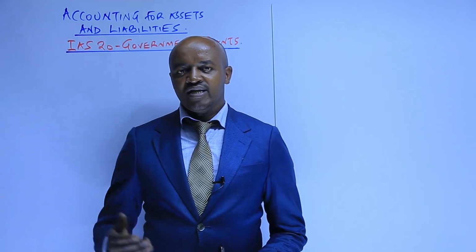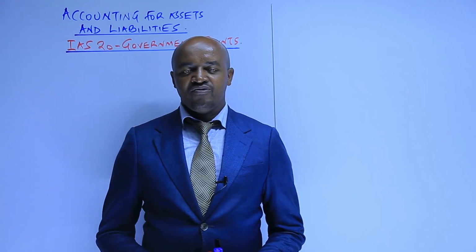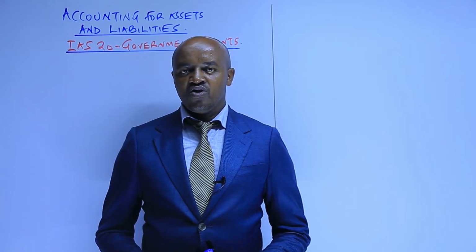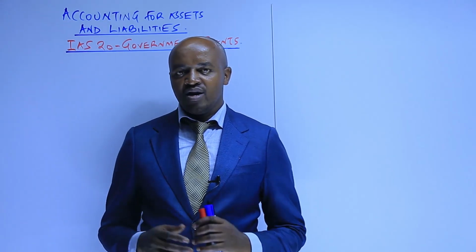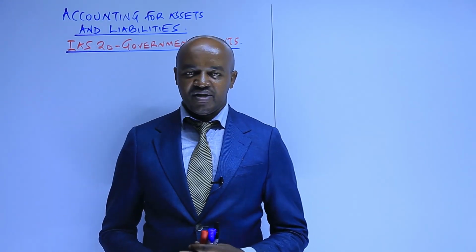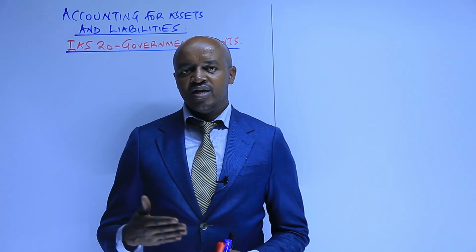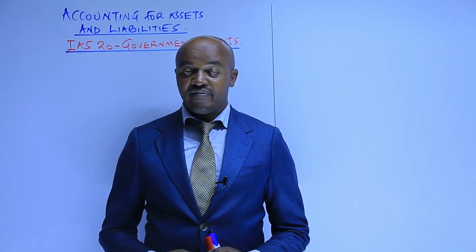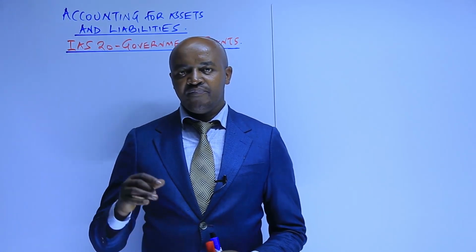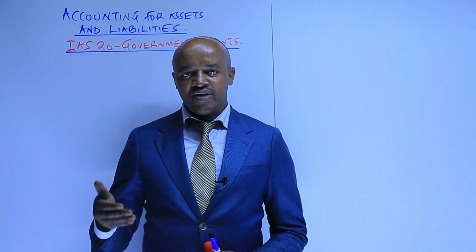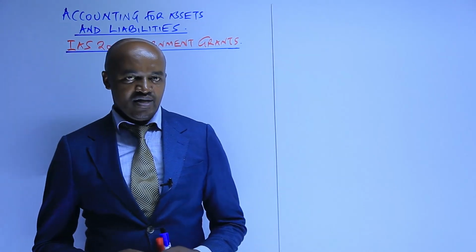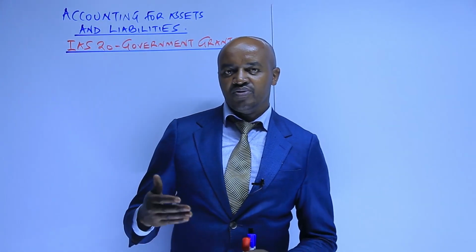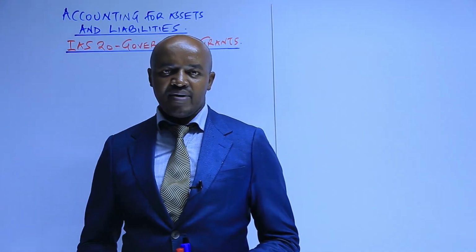What criteria must be met for a government grant to be recognized by an entity, and also the presentation of the same, how the government grant should be presented in the financial statement, in the income statement and the statement of financial position, and equally the disclosure requirements, which information needs to be disclosed by the company as far as the government grant is concerned, in accordance with International Accounting Standard number 20.